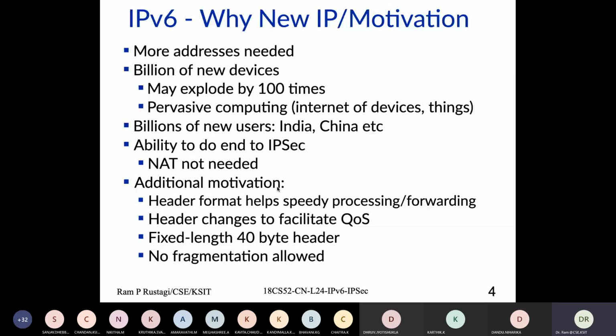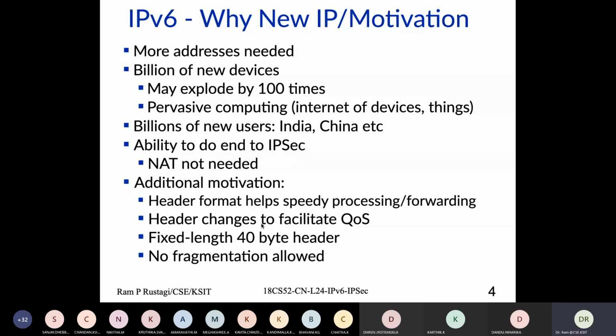The moment you access the internet, your router or gateway sends the packet with a different public IP address. That means your home router, ISP router or college router is doing network translation from private to public IP. That was done because we don't have enough address space. So we hide all those. With IPv6, we don't need NAT.